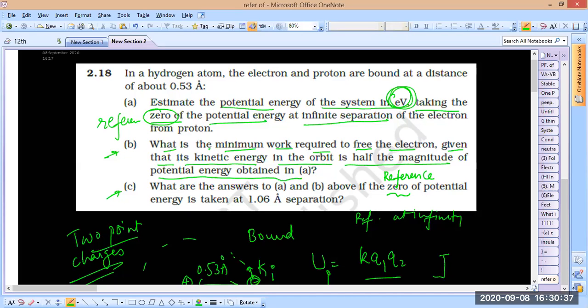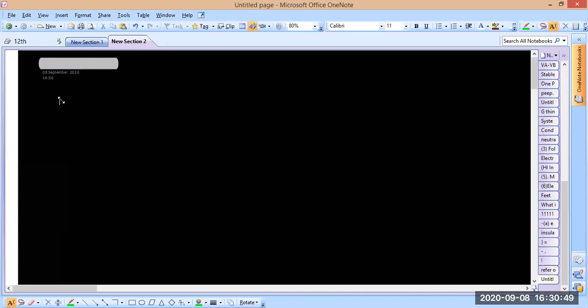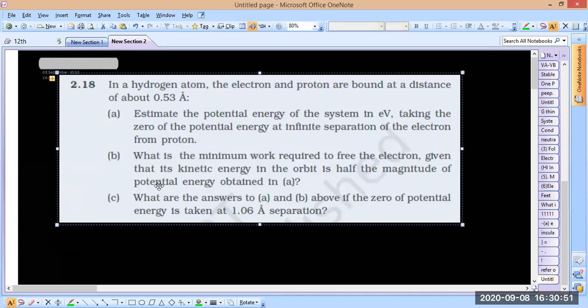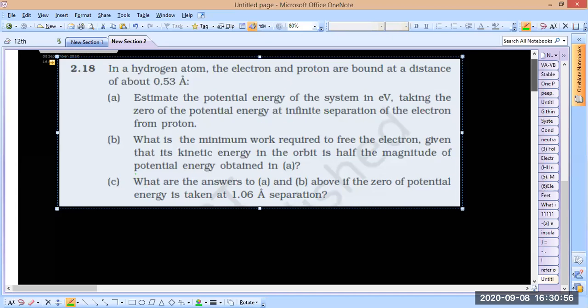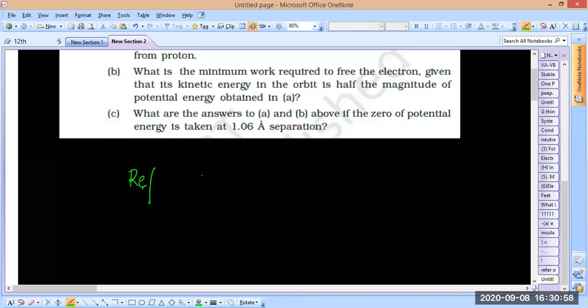Now this question really deserves special attention, because otherwise it might confuse you. So what is given is that if we now take the reference not at infinity, but at some distance, 1.06 angstrom separation.